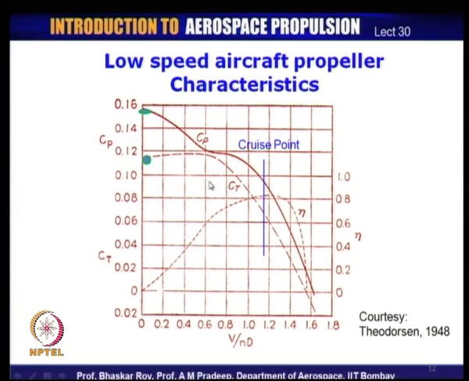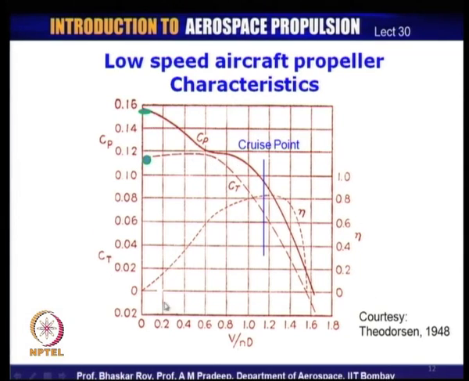And the efficiency of the propeller is shown over here, which shows that the efficiency of the propeller maximizes somewhere at one point. This is plotted with reference to advance ratio, V by N d, and this shows that the efficiency of the propeller could be maximum at one point, whereas the thrust and the power could be maximum at some other point of advance ratio.